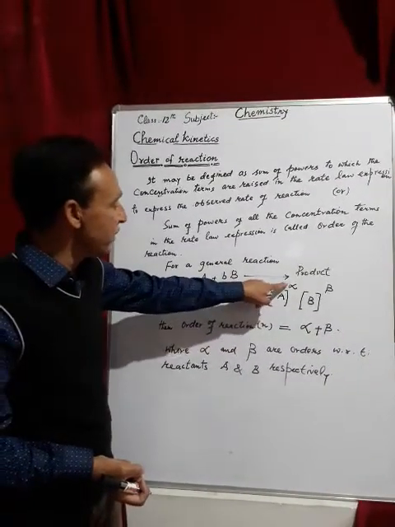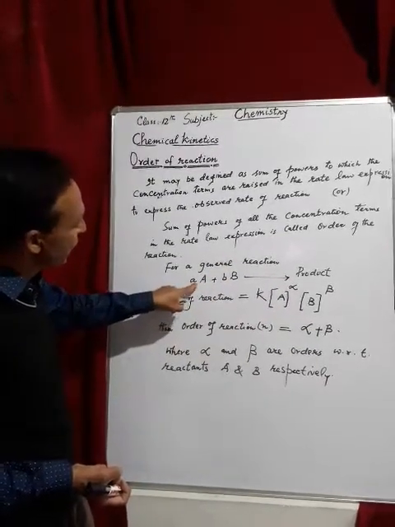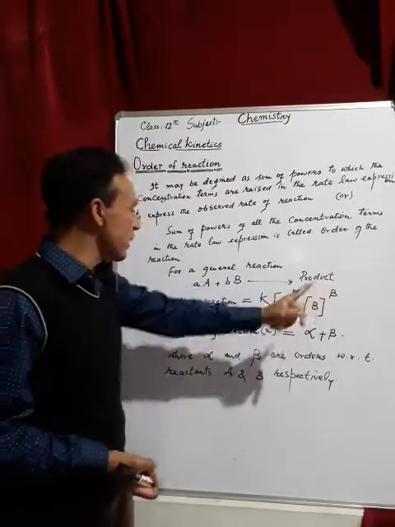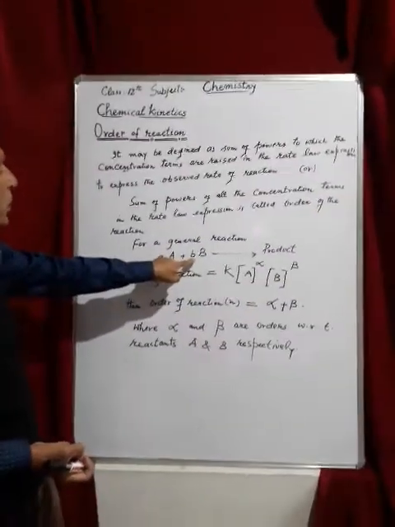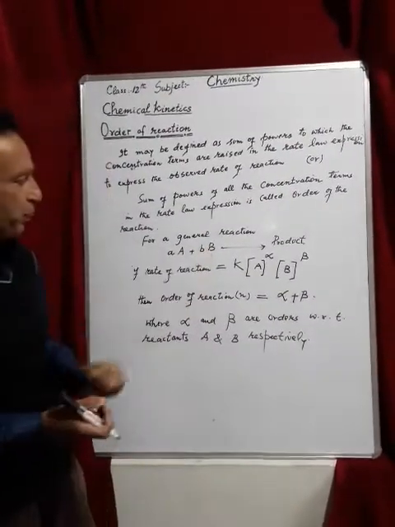This alpha may or may not be equal to the stoichiometric coefficient of A, that is a, and similarly beta may or may not be equal to b, the coefficient of the reactant B.